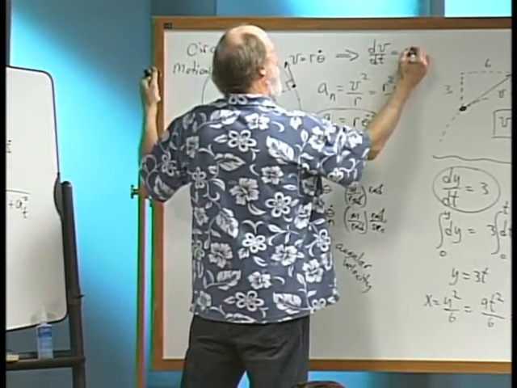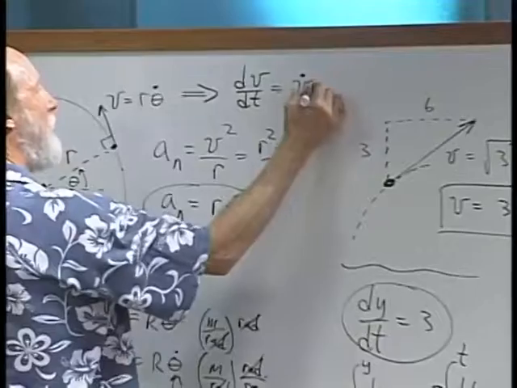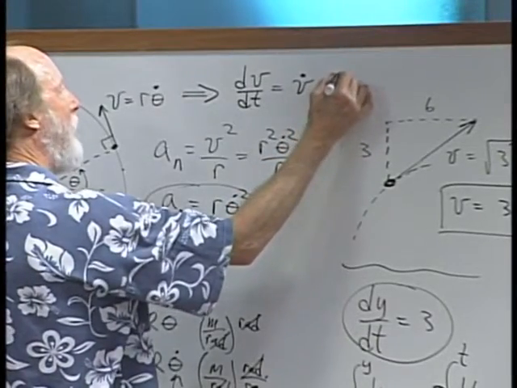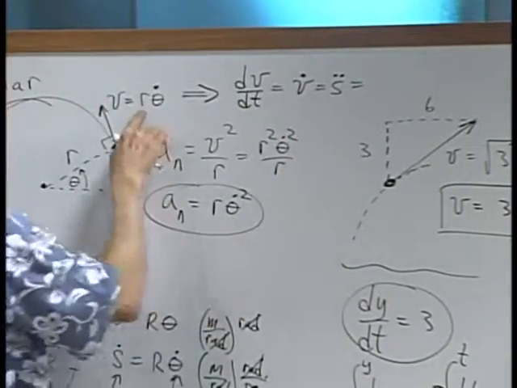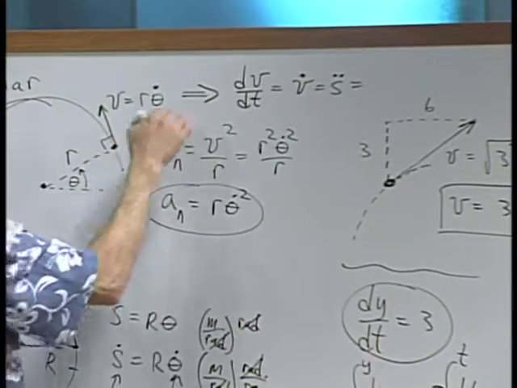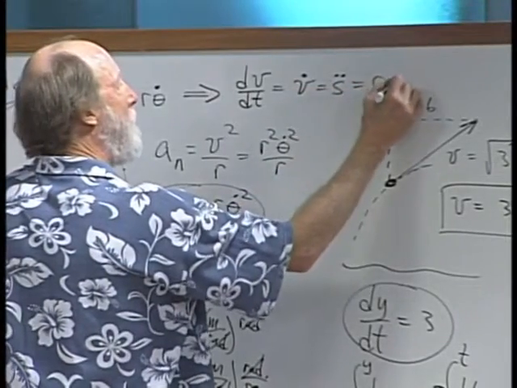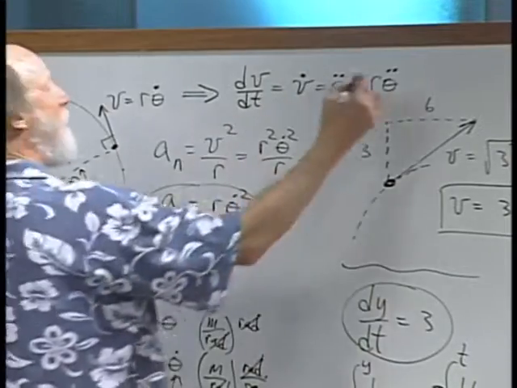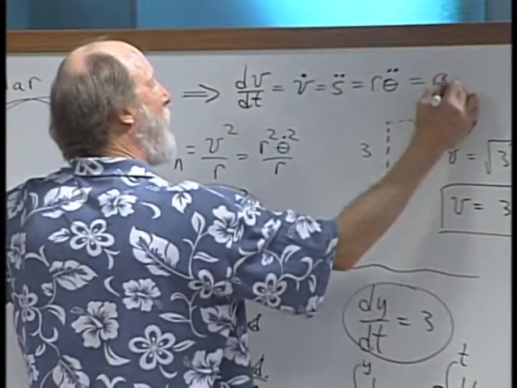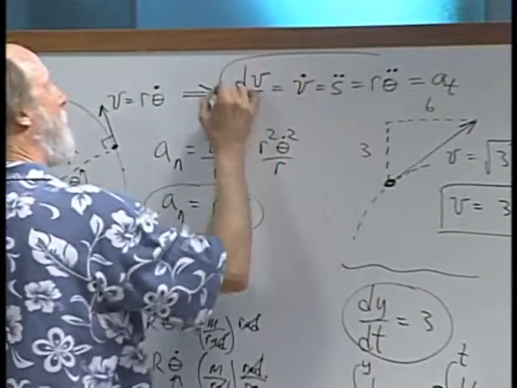We're going to get v dot, which is s double dot, which is equal to, holding r constant, r theta double dot. And that is your tangential component of acceleration.